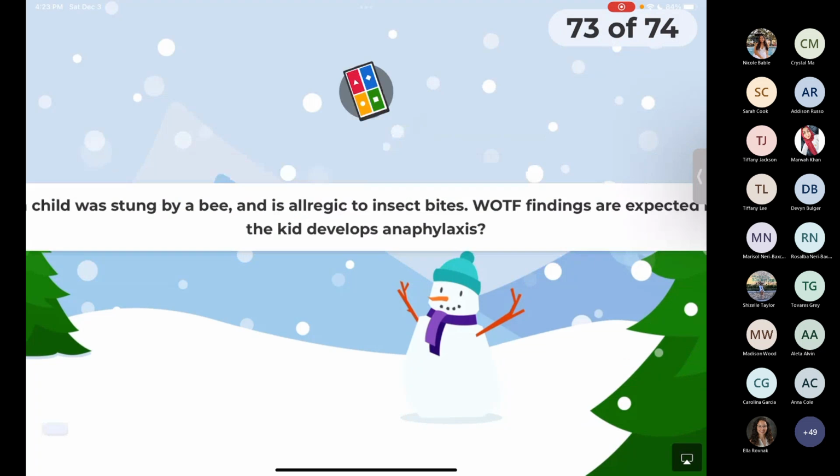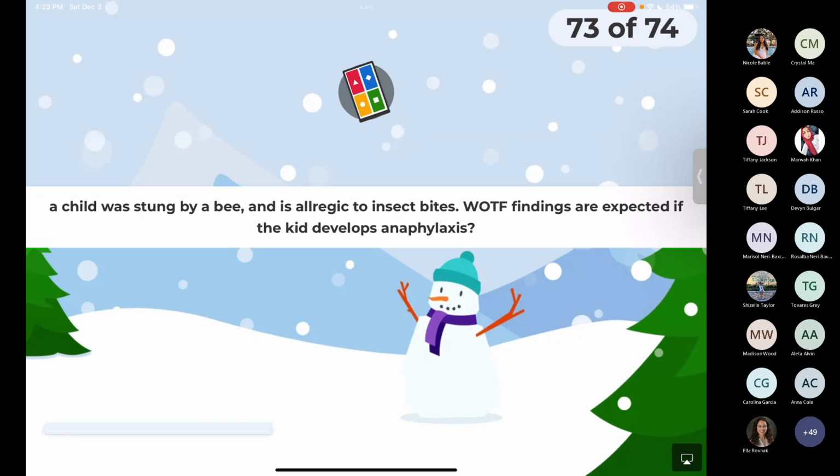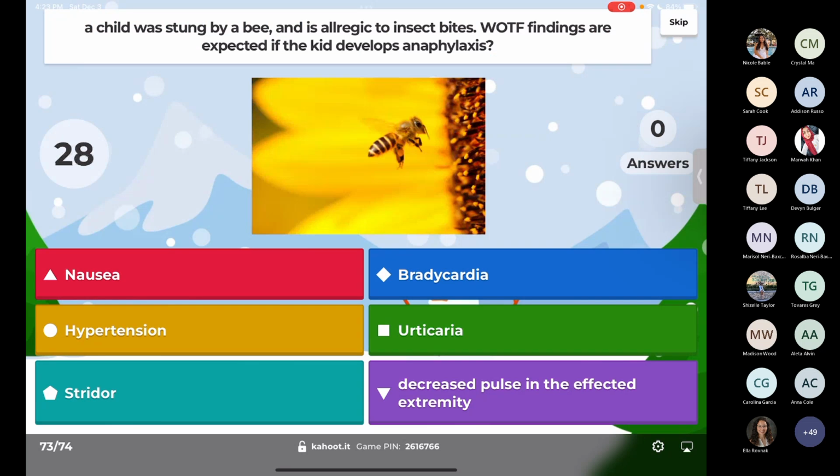Select all that apply. A child was stung by a bee and is allergic to insect bites. Which of the following findings are expected if the kid develops anaphylaxis?